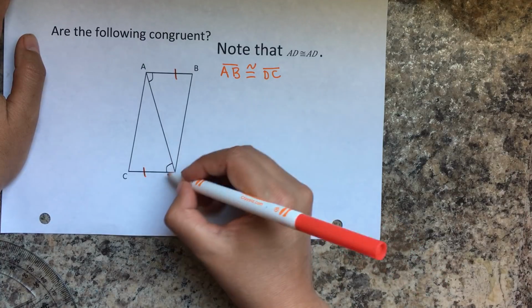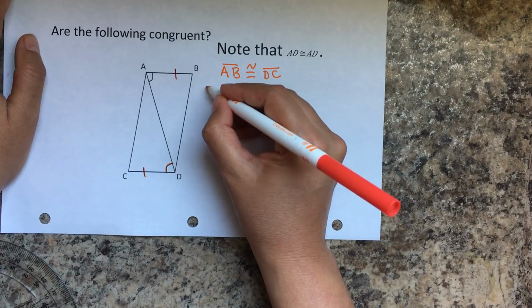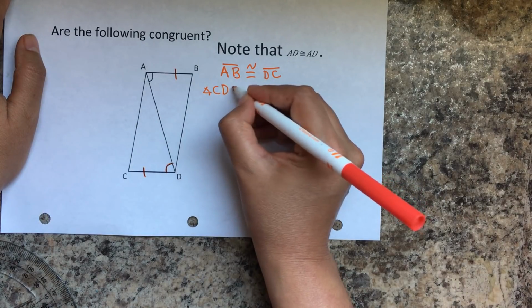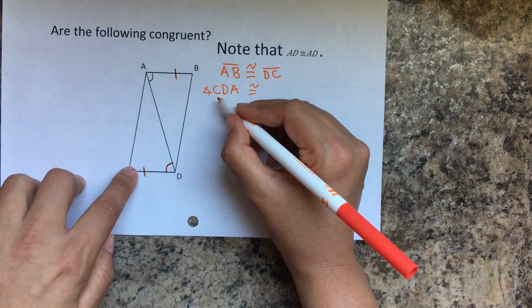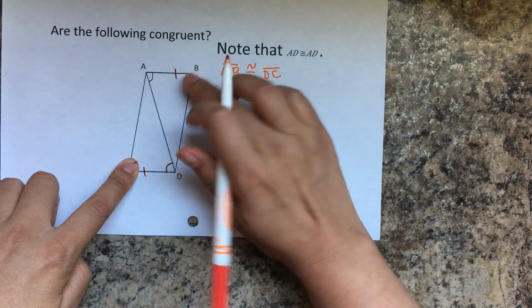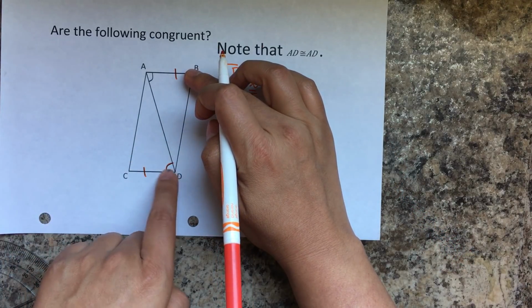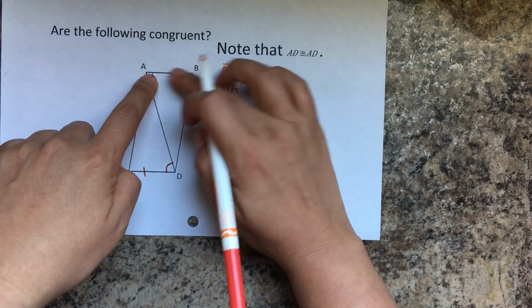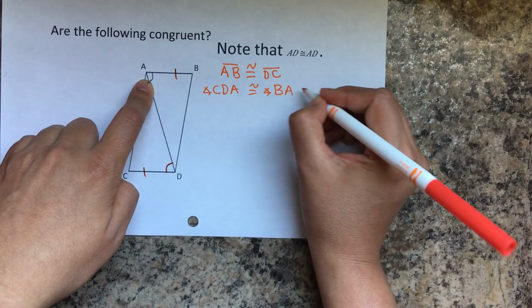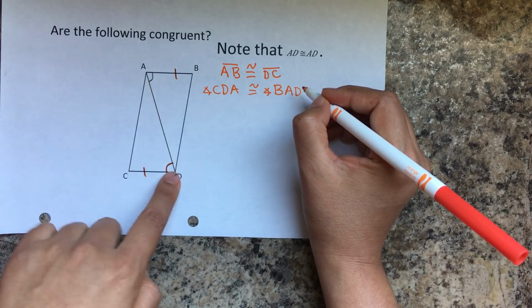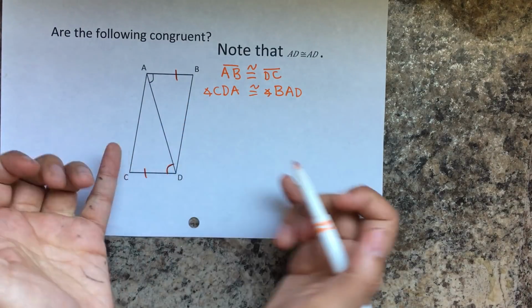We also know that angle CDA is congruent to angle, since I started with C that has no marking, I'm going to start with B, which has no marking. I went to D that has this double angle, so I go to A, which has the double angle, and then finally to D, which is D for that triangle.